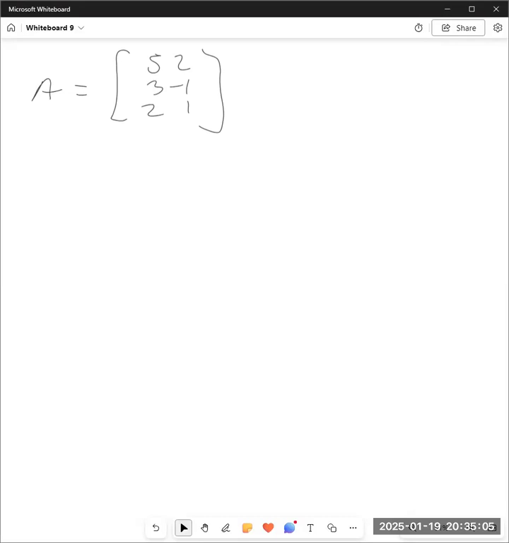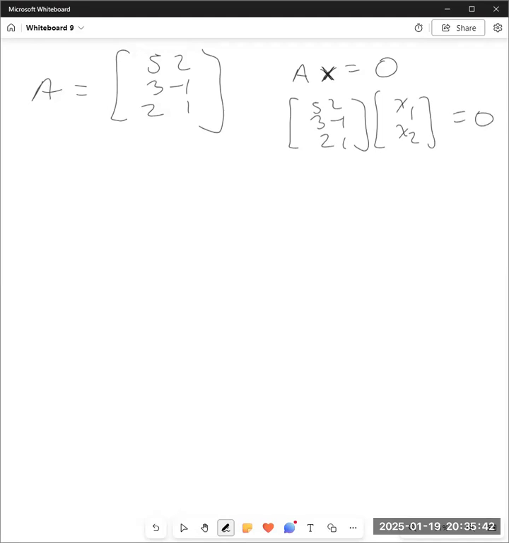So I'm going to set up the equation Ax equals 0, where x is a variable matrix here. So that is [5, 2; 3, -1; 2, 1] times x1, x2. There are only 2 columns here, equals 0.